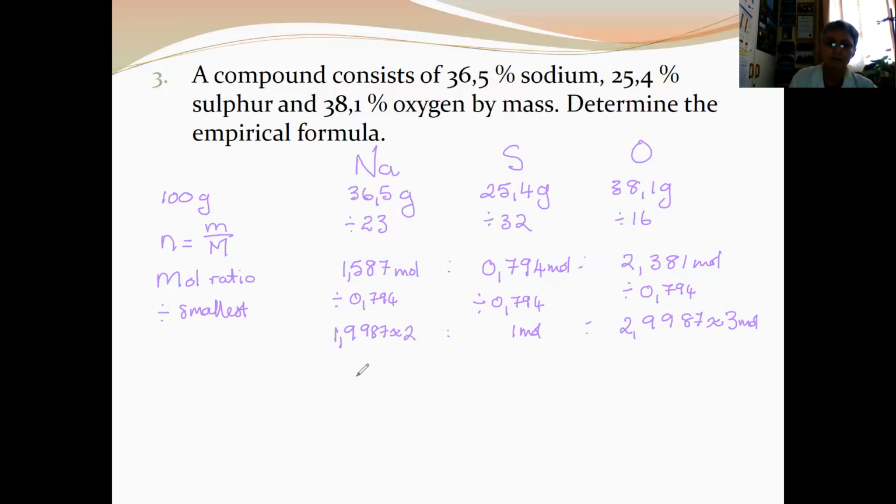So the empirical formula is Na2SO3. And this one you should be able to recognize as sodium sulfite.